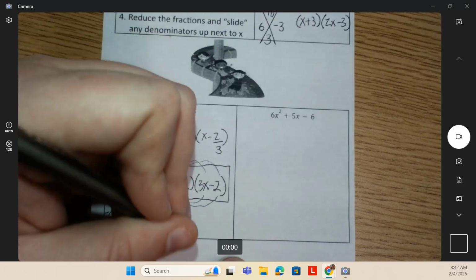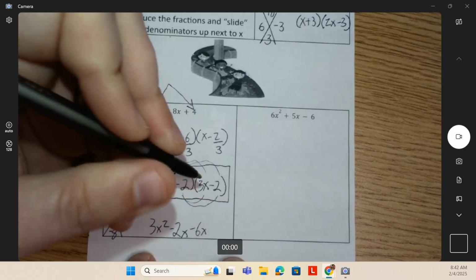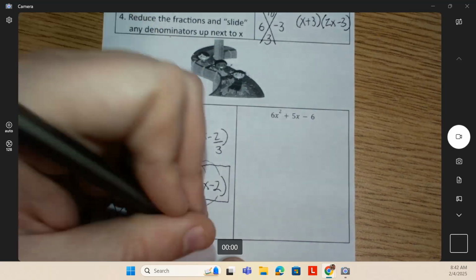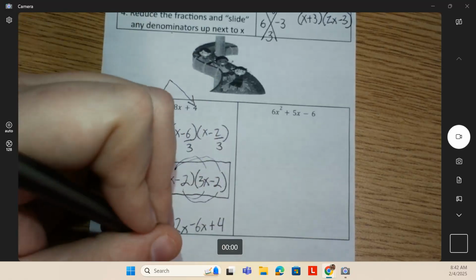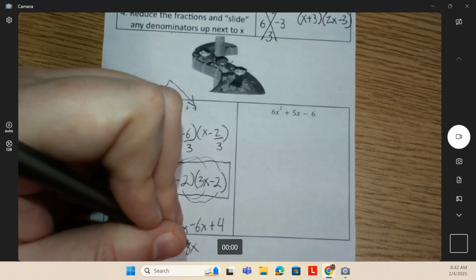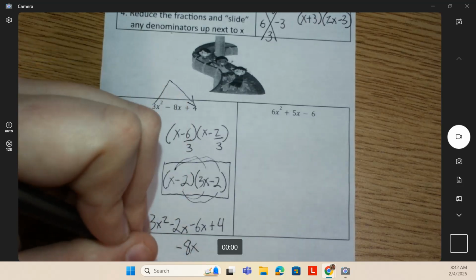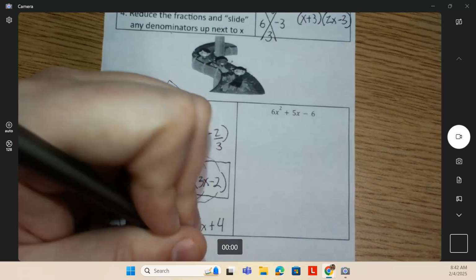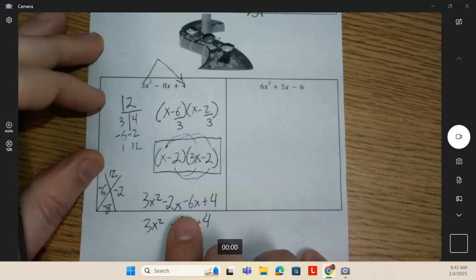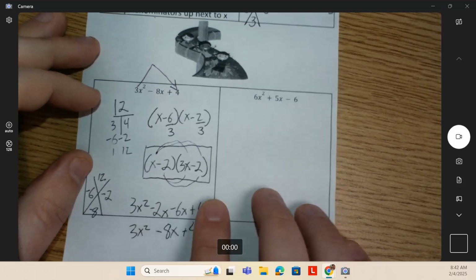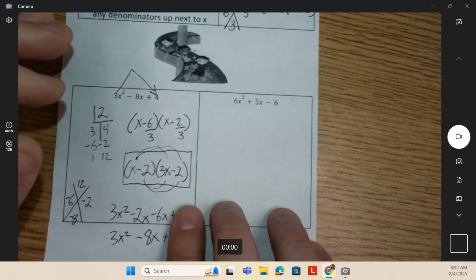Negative 2 times 3x would give me a negative 6x. And negative 2 times negative 2 gives me a positive 4. And those two in the middle combine together to get me a negative 8x. And I've got exactly what I started out with. So there's a lot of different methods we can use, but this is just one of them. Let's do one more example of it before we're done.